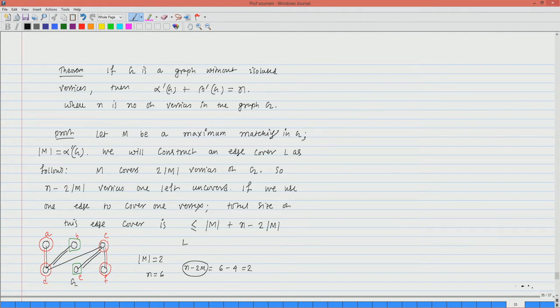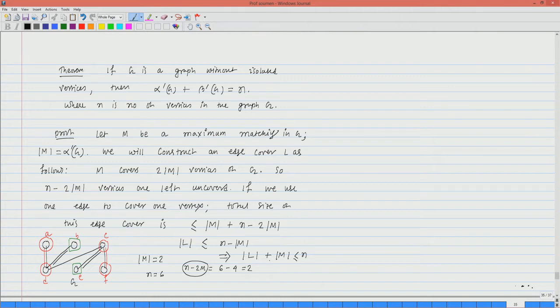So, n minus twice m. I got an edge cover L whose size is less than or equal to n minus the cardinality of M. This implies that the cardinality of L plus the cardinality of M is less than or equal to n.